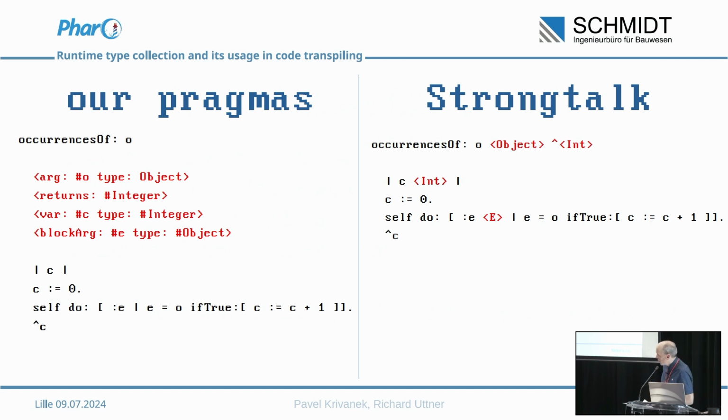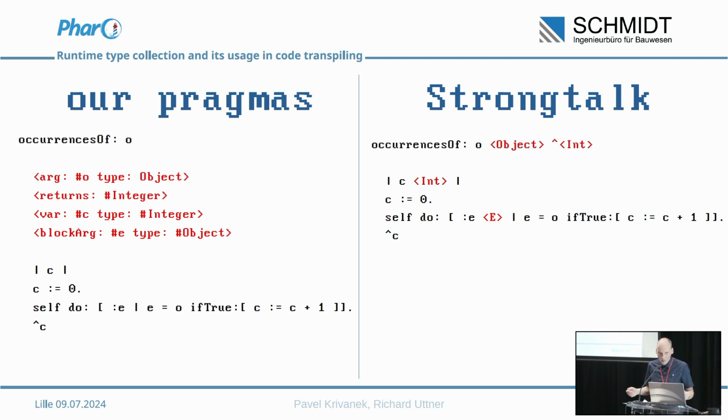Here you can see the comparison of our annotations, because we use pragmas for type descriptions, and you can see the comparison to Strongtalk, which had a grammar modification to be able to express the types. Of course, our approach is not that concise and not that nice, but you do not need to change anything in the language.